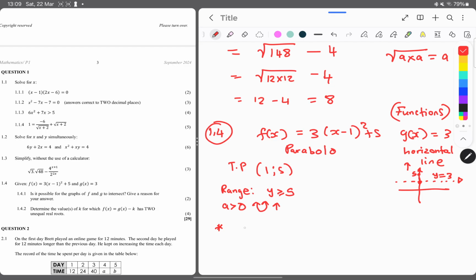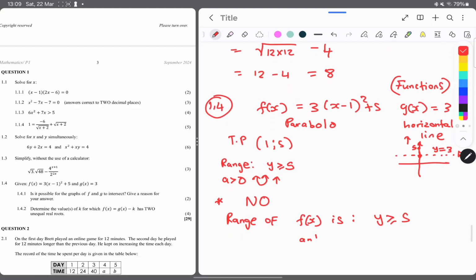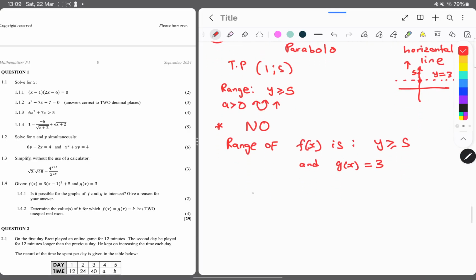to answer the question: is it possible for the graphs of f and g to intersect? No. Why? Because the range of f(x) is y greater than or equal to 5 and g(x) equals 3. Another way you could have done this, if you lacked the skills to understand functions completely, is to equate the equations and see if we have a solution. f(x) equals g(x).